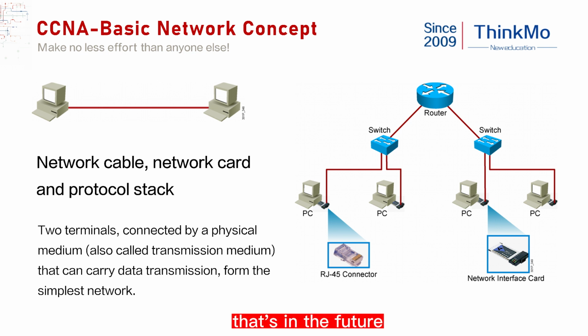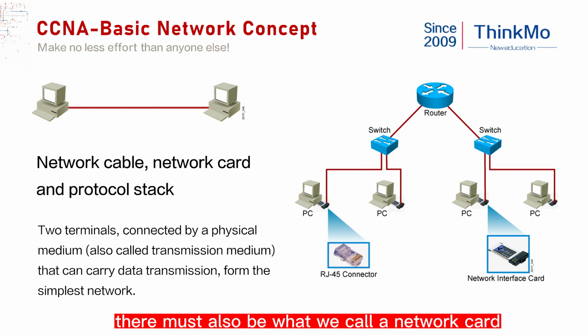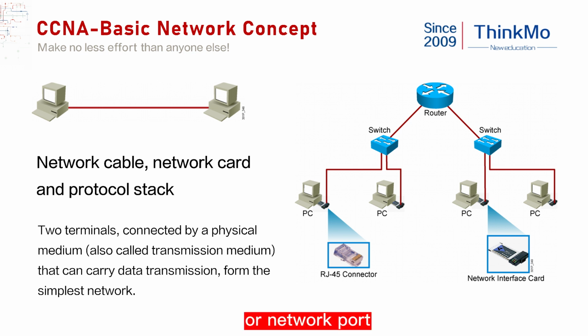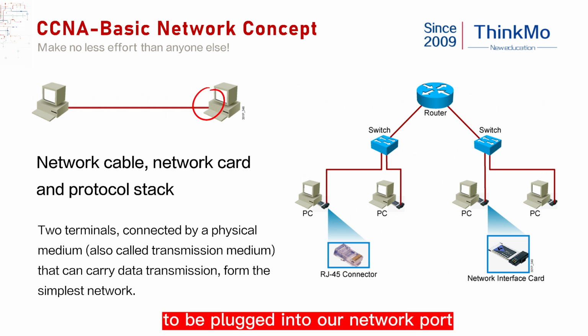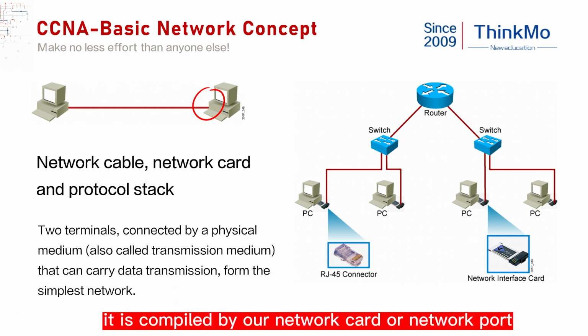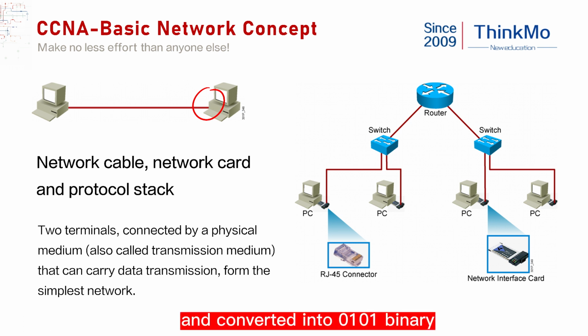In the future, except for this, please pay attention: virtually every device must also have what we call a network card, or network port, network interface. The crystal head at the end of this line is plugged into our network port. Then your electrical signal is compiled by our network card or network port and converted into 0101 binary.